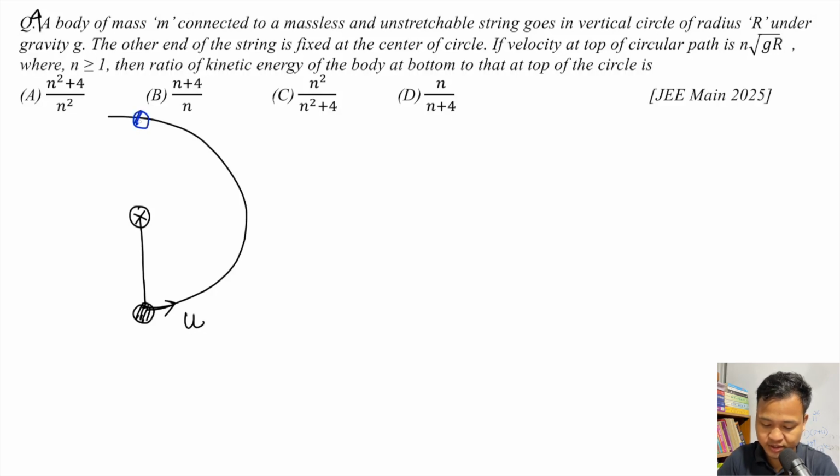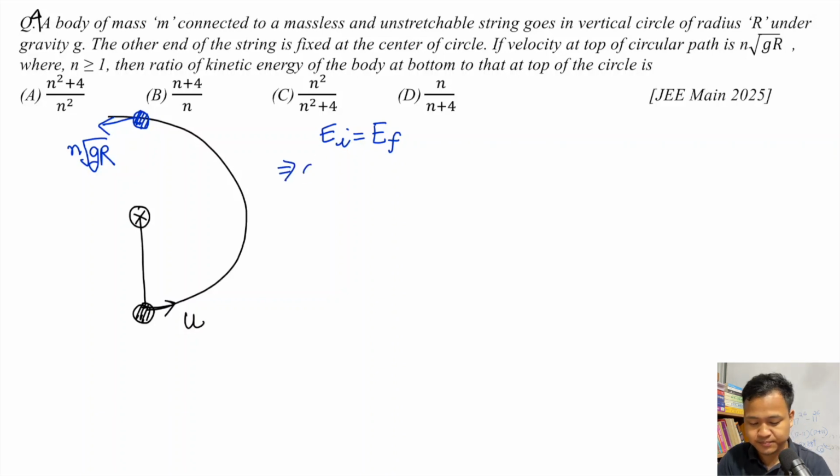At the topmost point, the velocity is n into root over g into r. So let's use conservation of energy. E initial equals E final.